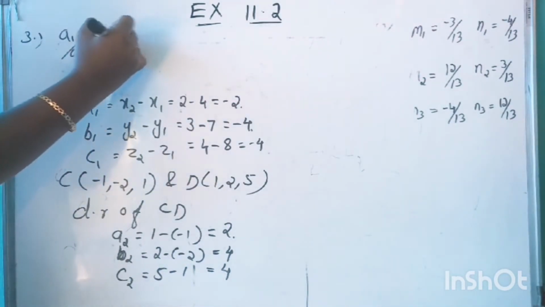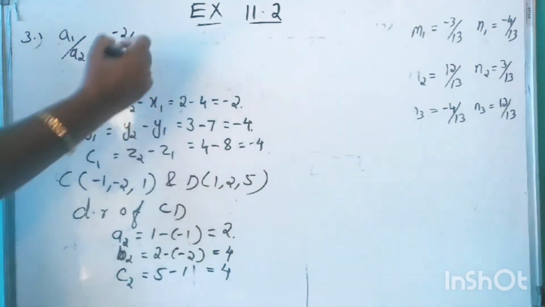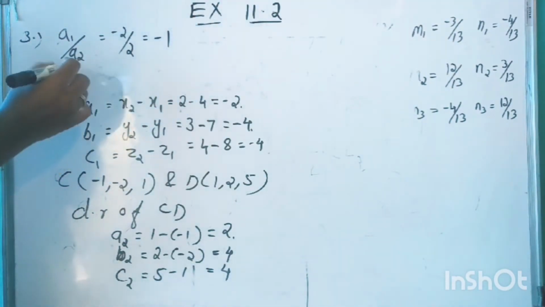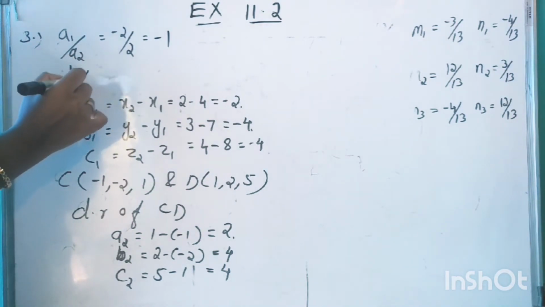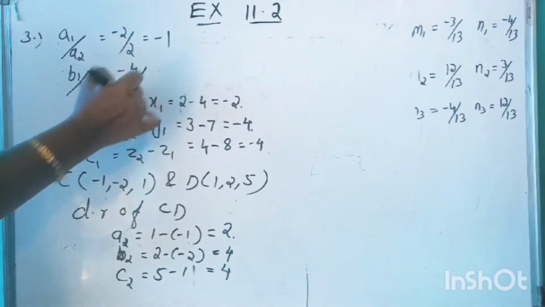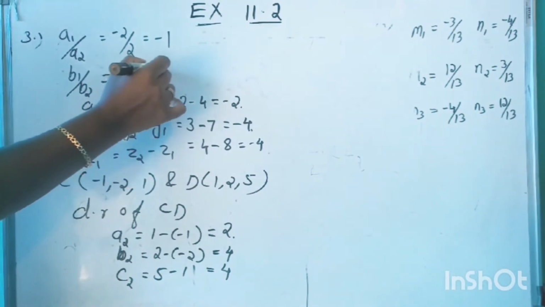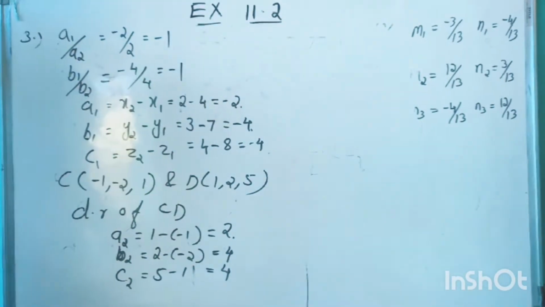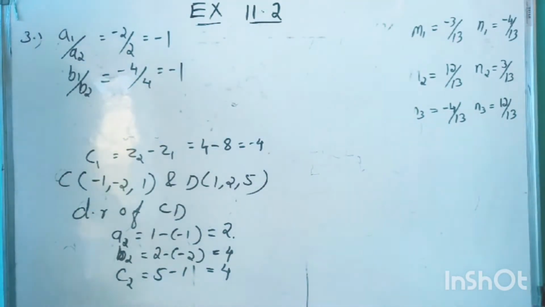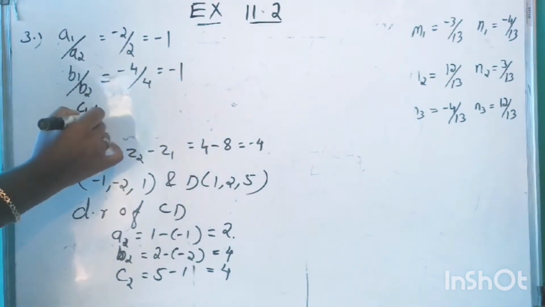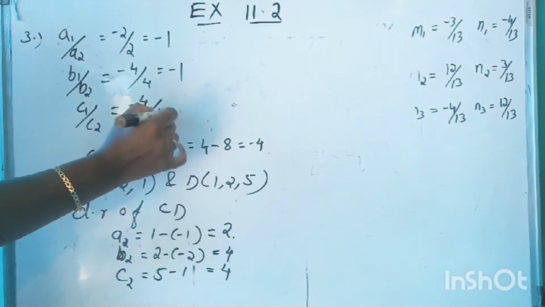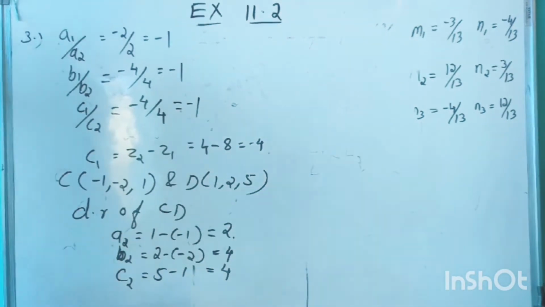A1 is minus 2 and A2 is 2, which is equal to minus 1. Now B1 by B2: B1 is minus 4, B2 is 4, and this is equal to minus 1. The last ratio, C1 by C2: C1 is minus 4 and C2 is 4, equal to minus 1.